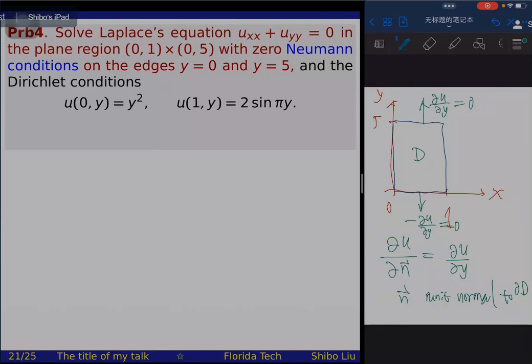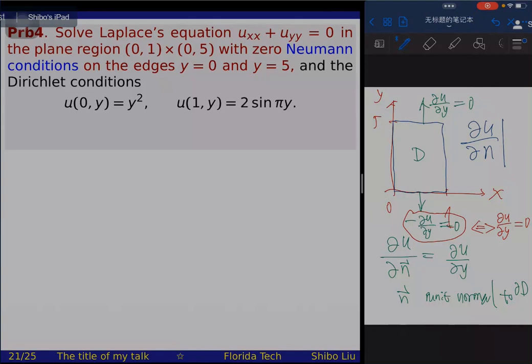This is 0. Of course, this minus partial derivative equal to 0 is equivalent to the partial derivative with respect to y being 0. So you should take this into account. The Neumann boundary condition is about the normal derivative, the directional derivative in the normal direction.